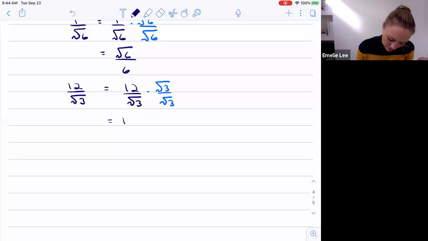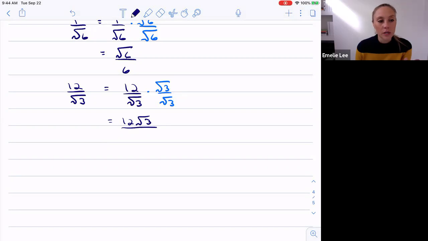So then I've got 12 root 3, that's fine. It's in the numerator, so it's easier. Over 3, because I'm multiplying here, right? I'm allowed to cancel this 3. Why do I say because I'm multiplying? Well, because if I had 12 plus root 3, I wouldn't be able to cancel this 3.